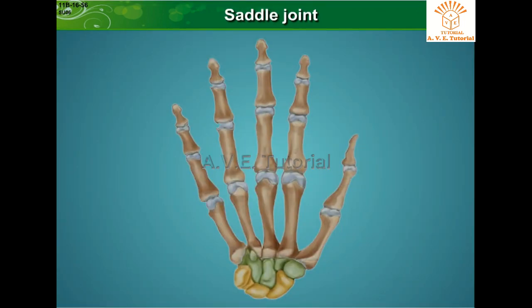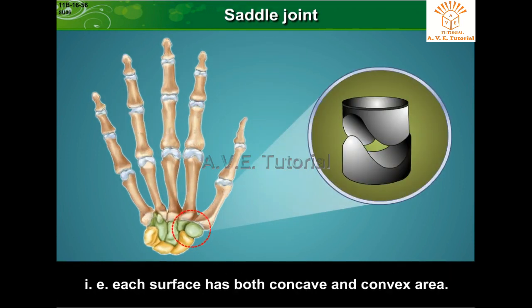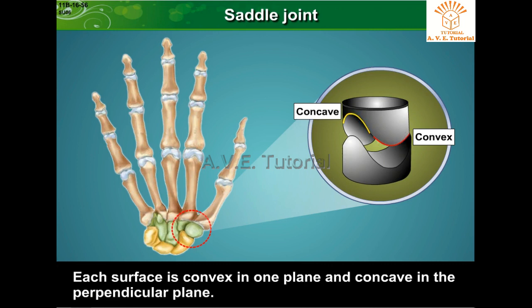5. Saddle joint. The characteristic of this joint is that the articulating surfaces of bones are saddle-shaped. That is, each surface has both concave and convex areas. Each surface is convex in one plane, concave in the perpendicular plane.